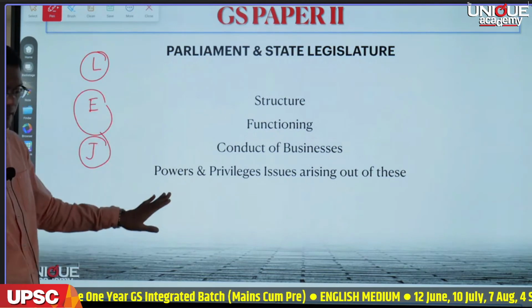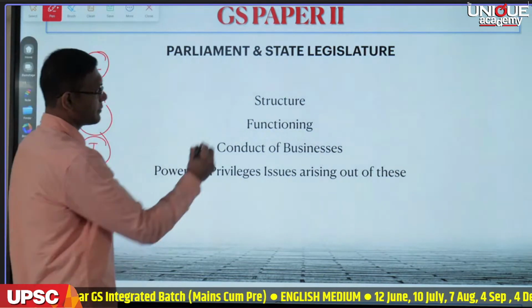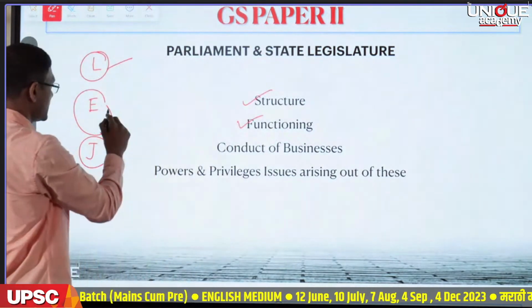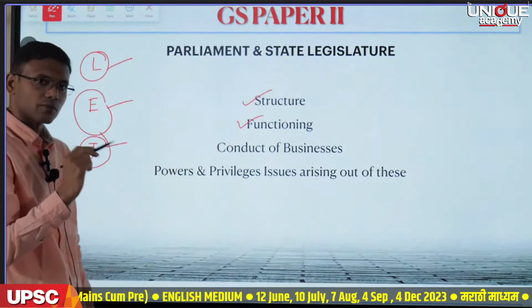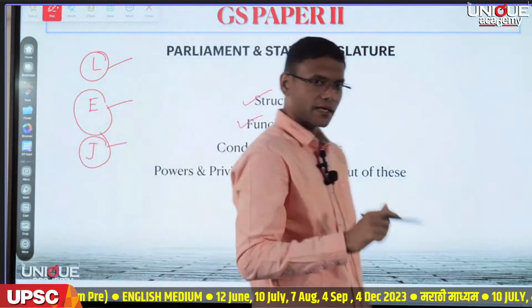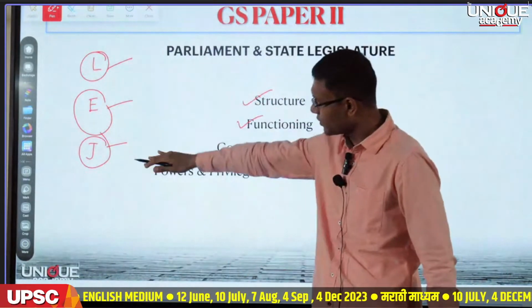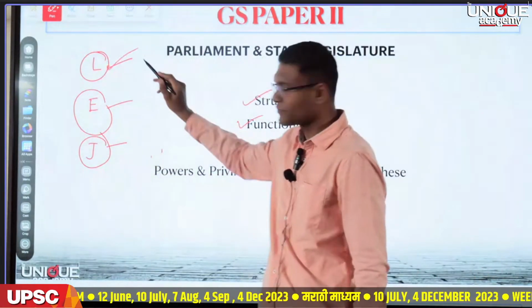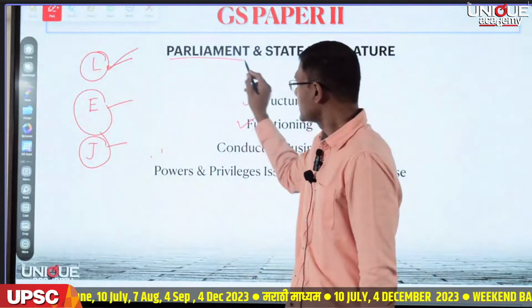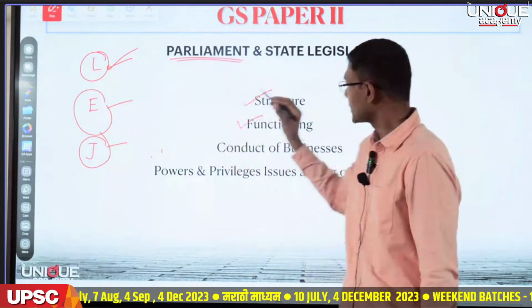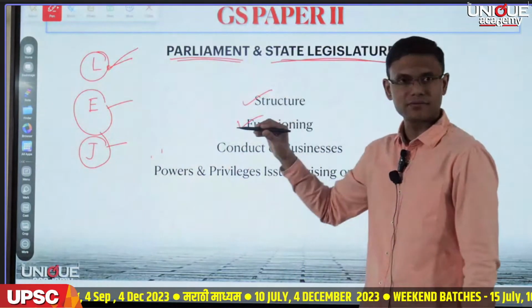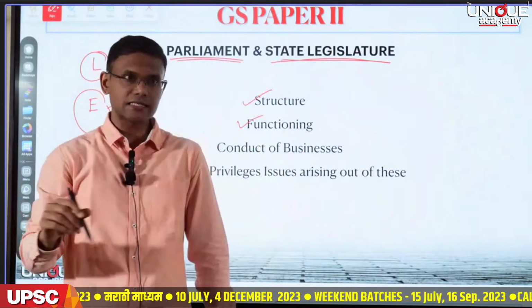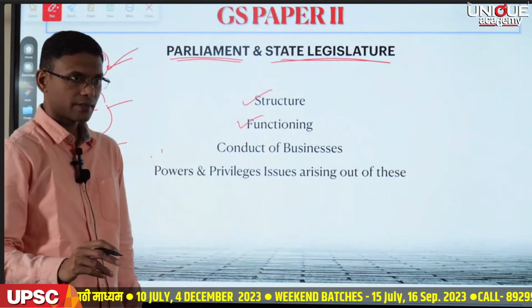Now, this slide and next slide talks about structure functions of legislature, executive, and judiciary. So basically, you are expected under the syllabus to prepare for their structure, the constitutional scheme, what constitution provides for legislature at national level, that is parliament, legislature at state level, that is state legislature, which is famously called as state legislative assemblies, right? And state legislative councils in few states.